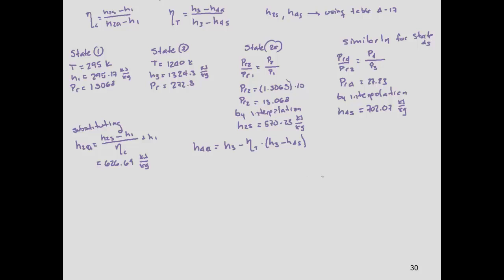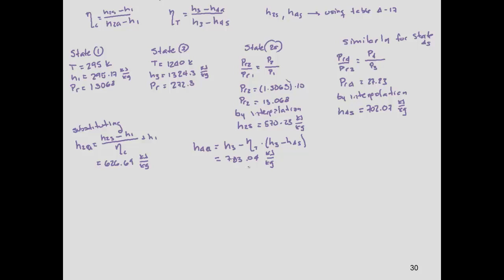So we have the coefficients, and again substituting the values that we have, H4 actual will be 783.04 kilojoules per kilogram.